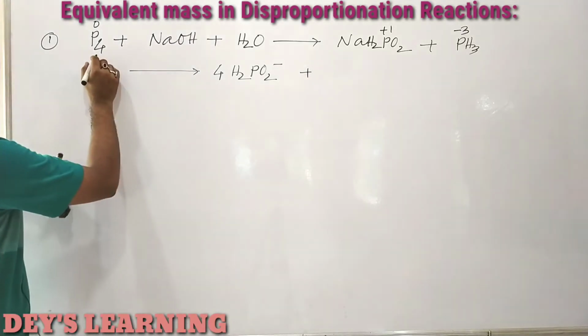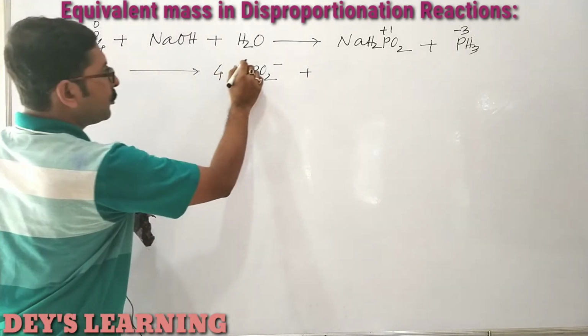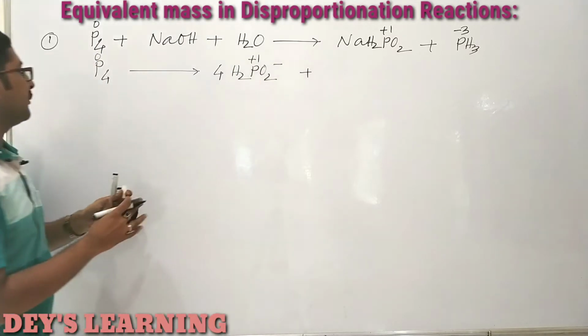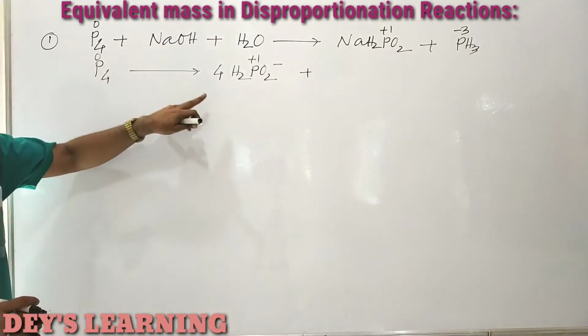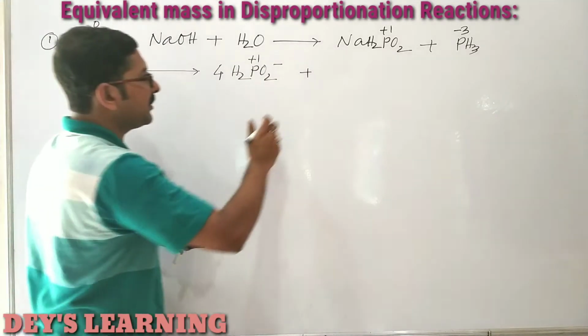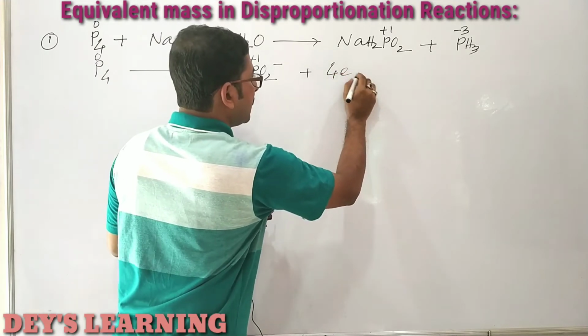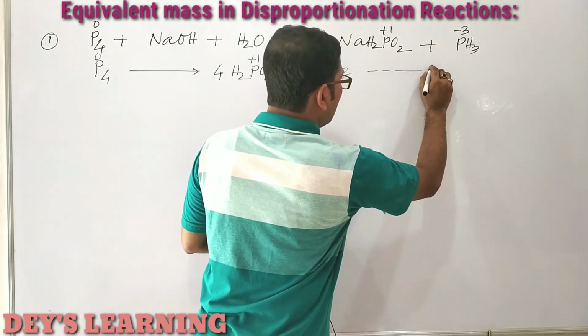There are 4 atoms of phosphorus here, so it is 4, and the oxidation number of phosphorus is changed from 0 to plus 1, that is 1 phosphorus atom releases 1 electron, so 4 phosphorus atoms release 4 electrons. This is our equation number 1.